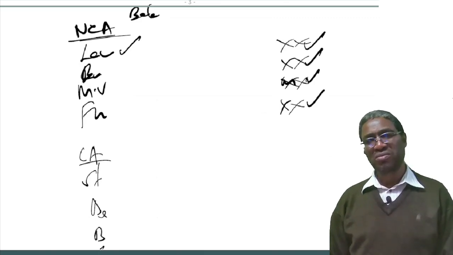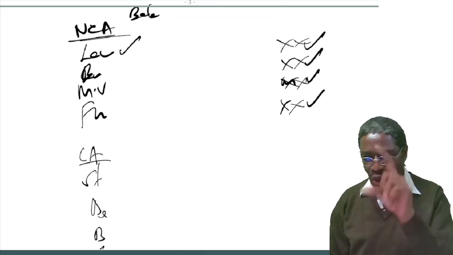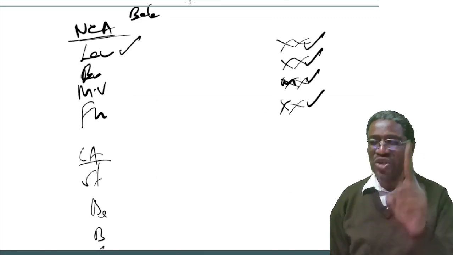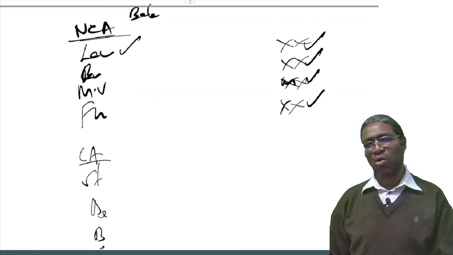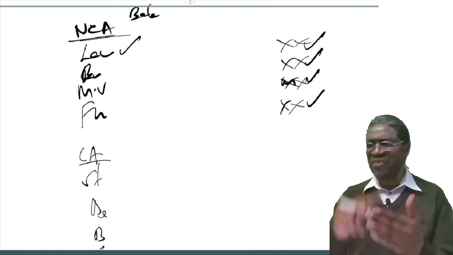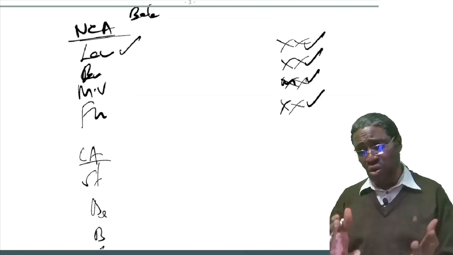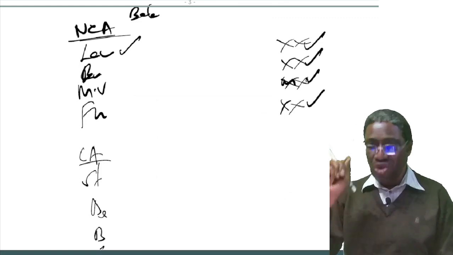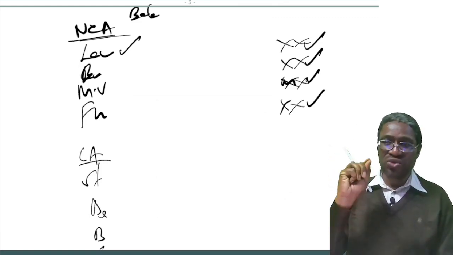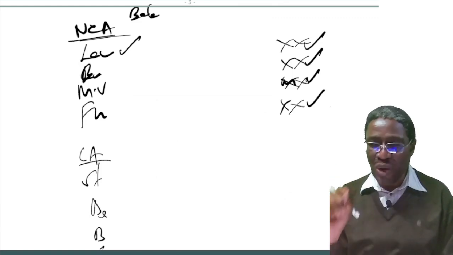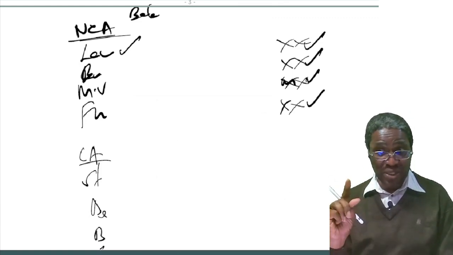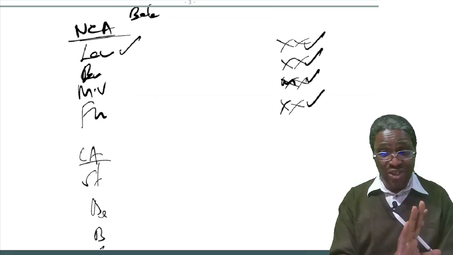You are not required to show in the balance sheet the individual components of your fixed assets, like land, building, furniture, motor vehicle, plant and machinery, and so on. You are not required to show them individually in the balance sheet for publication purposes, unlike what you used to do in financial accounting.